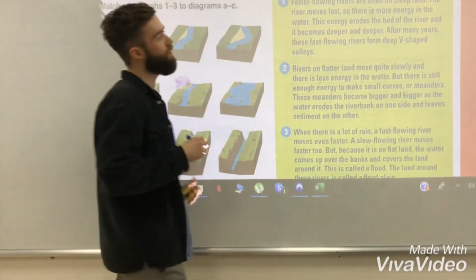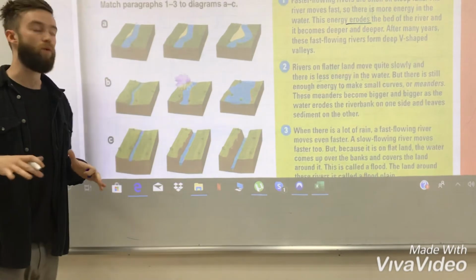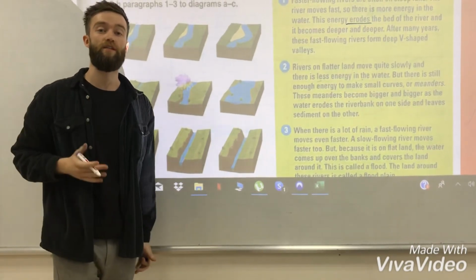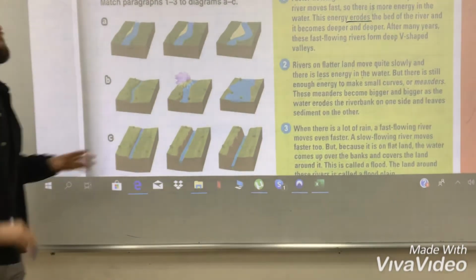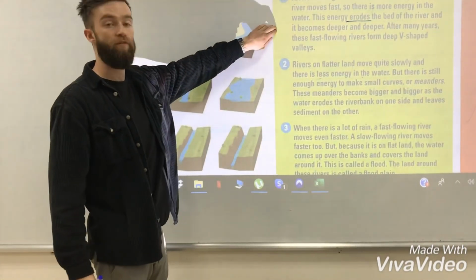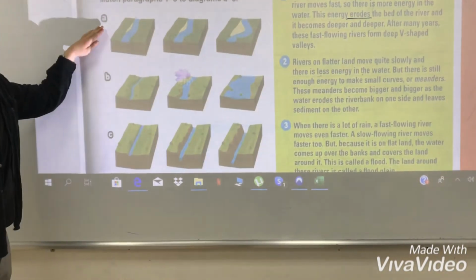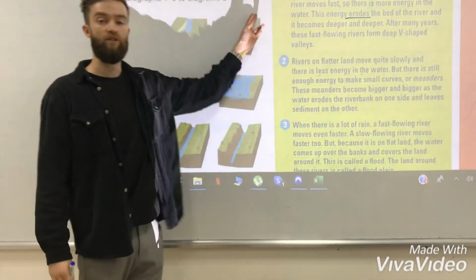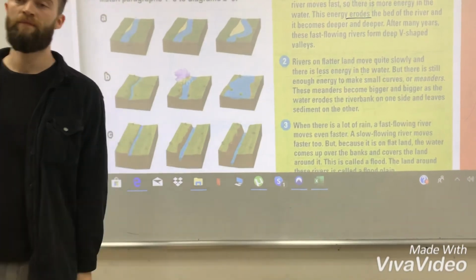For example, erodes, okay? If you don't know a word, just underline it, and when I next see you, we can discuss these words. So what I would like you to do is read each paragraph, 1, 2, and 3, and decide which diagrams, A, B, or C, match the paragraphs. Okay? Good. Well done.